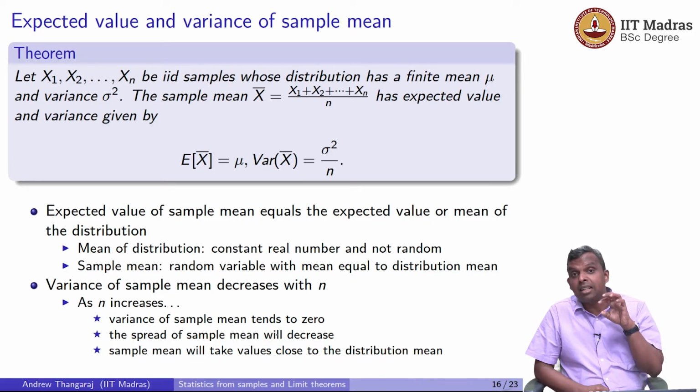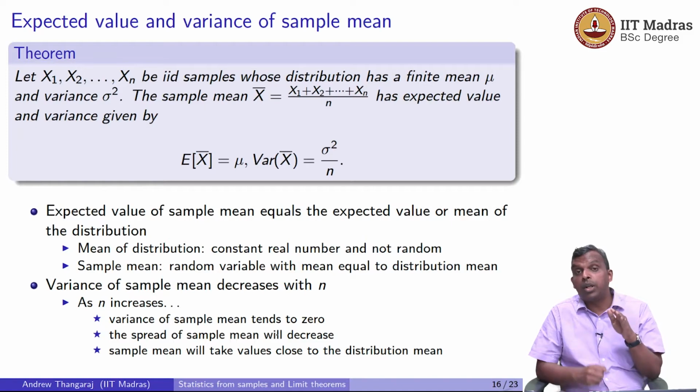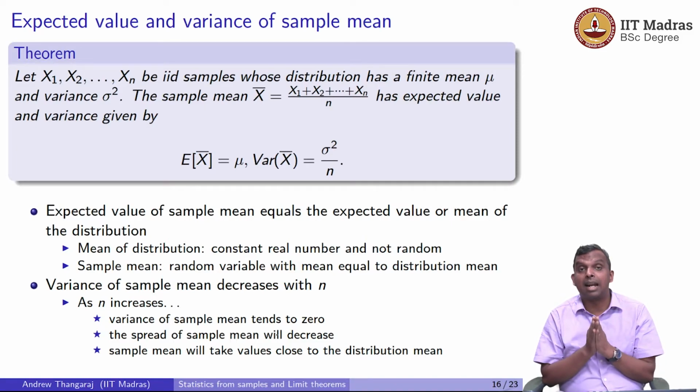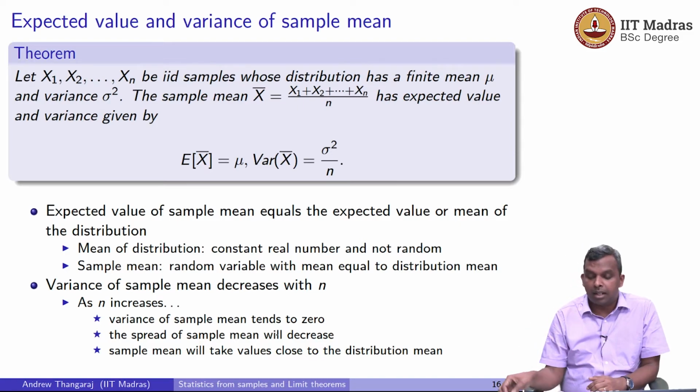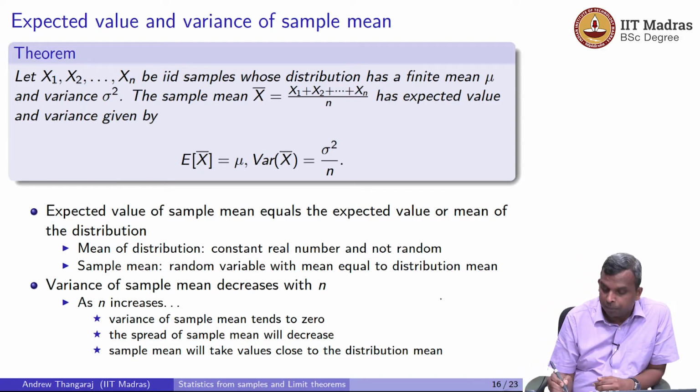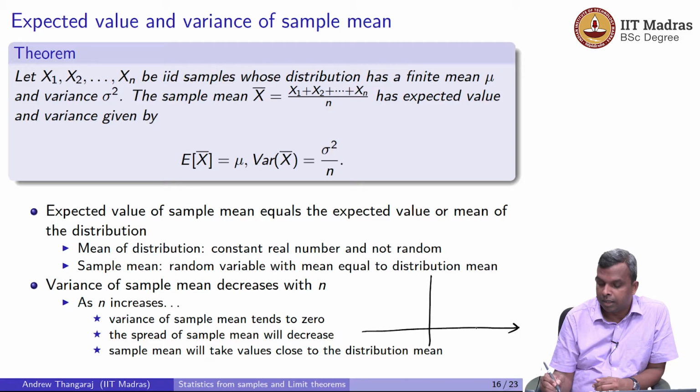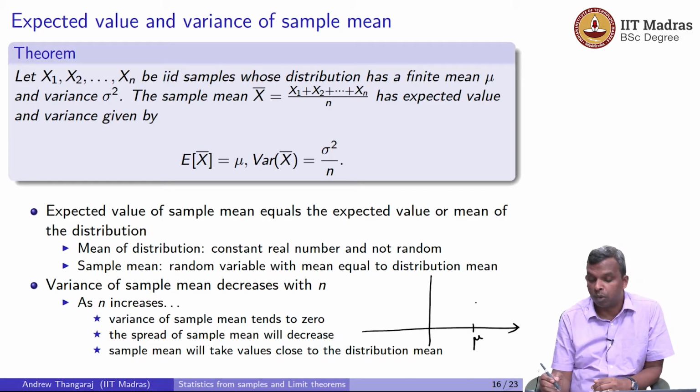So as n increases, what is going to happen to x bar as a random variable, okay. As n increases, irrespective of n, x bar has the mean being always the same, okay. So mean of x bar, so if you were to plot, so let's say this is mu, okay, there is some sigma squared, okay.